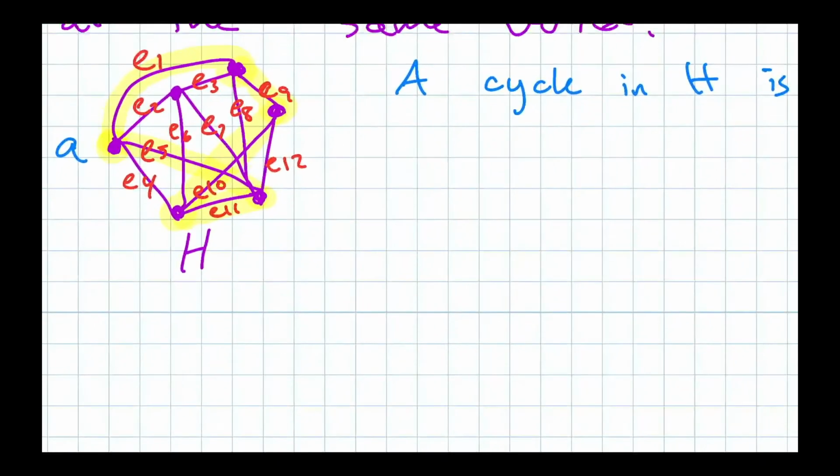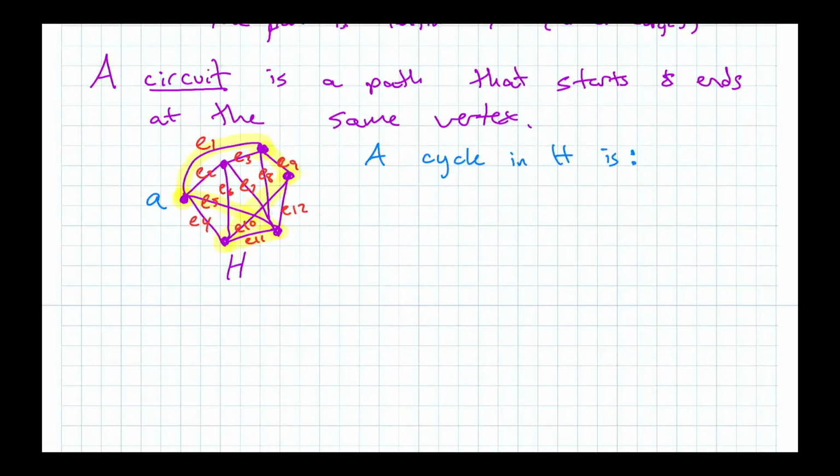So what did we do? We went E1, then E9, and then E10, E11, E5. There you go. Okay, so there's a cycle, and that's if you list it as edges.